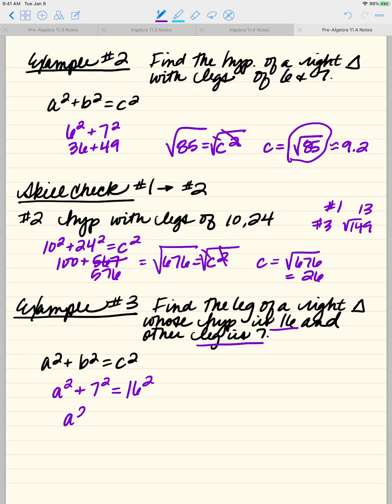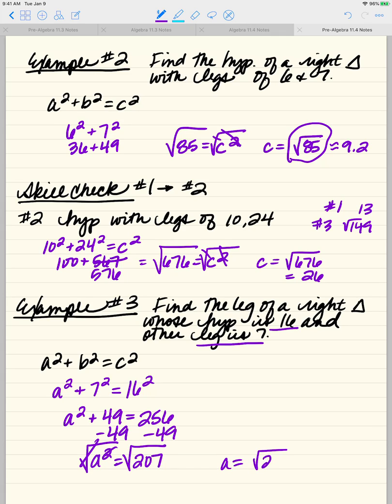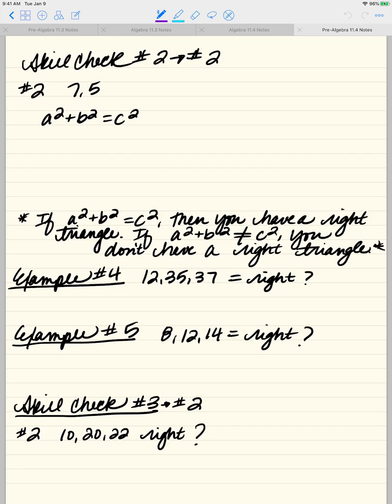So that means a squared plus 49 is equal to 256. Subtract 49 from both sides, and you get a squared is equal to 207. Take the square root, and a is equal to the square root of 207. Okay, very straightforward.